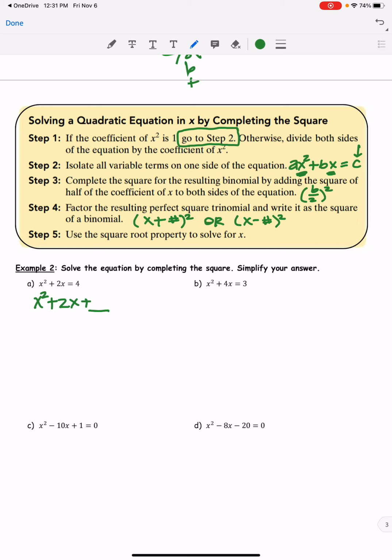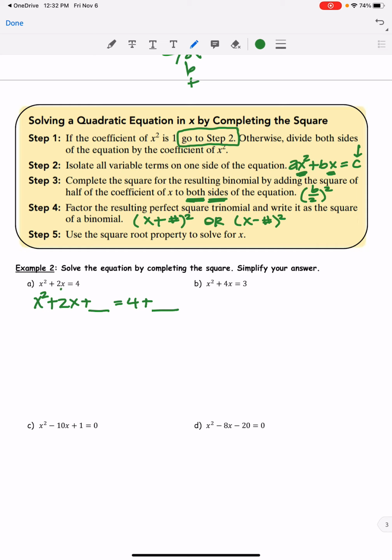I need to add something here. And notice that it says right here, we need to add something to both sides. What you do to one side of the equation, you have to do to the other. So if I'm adding a number in on this side, then I've got to add that same number to this side as well.